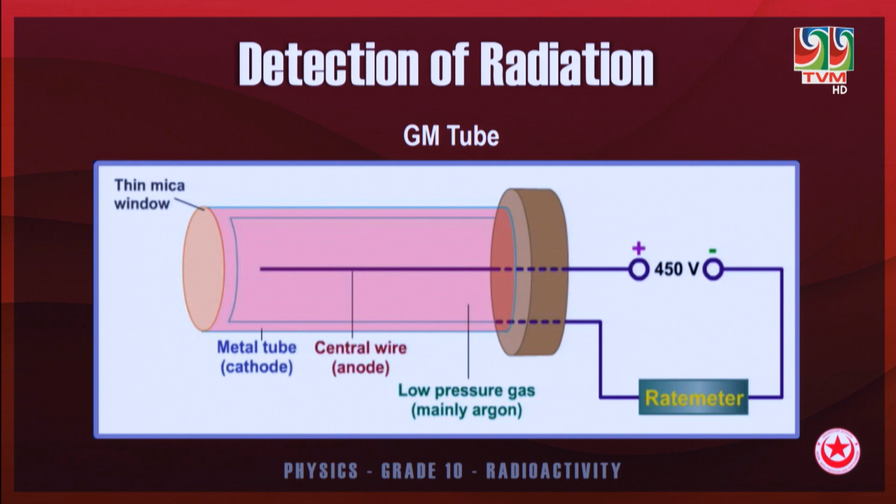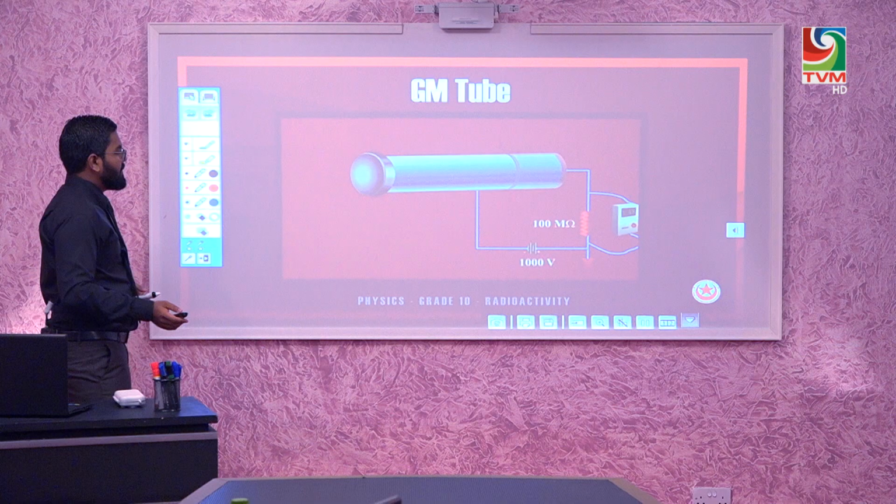Greater the ionization, greater will be the reading detected at the rate meter. If alpha passes in, there will be a greater amount of ionization, so you will get a greater reading at the rate meter. When beta passes, there is a moderate ionizing, so the rate meter will give you a moderate reading. If gamma passes into the GM tube, there is very weak ionizing, and you'll get a very low reading.